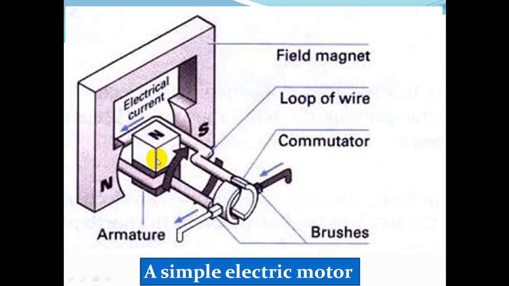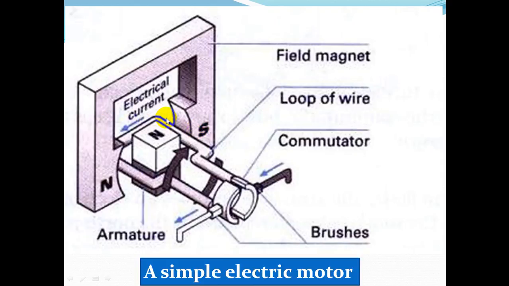And in a simple electric motor, like shown in the picture here, you can see a piece of iron with a loop of wire around it, called an armature. It is placed between the north and south poles of a stationary magnet, the field magnet.